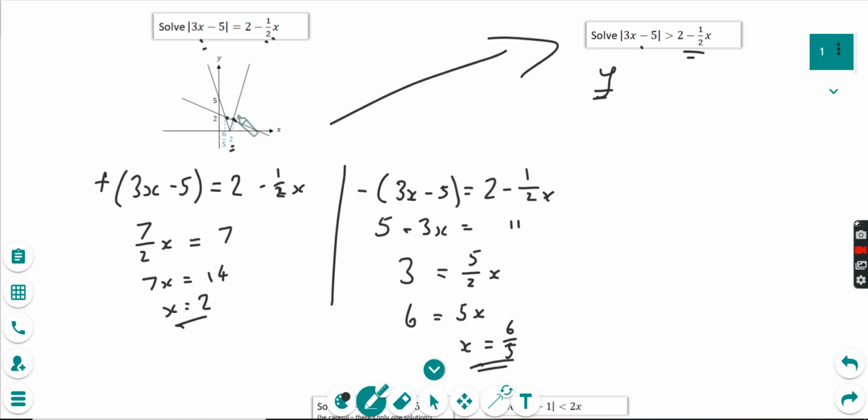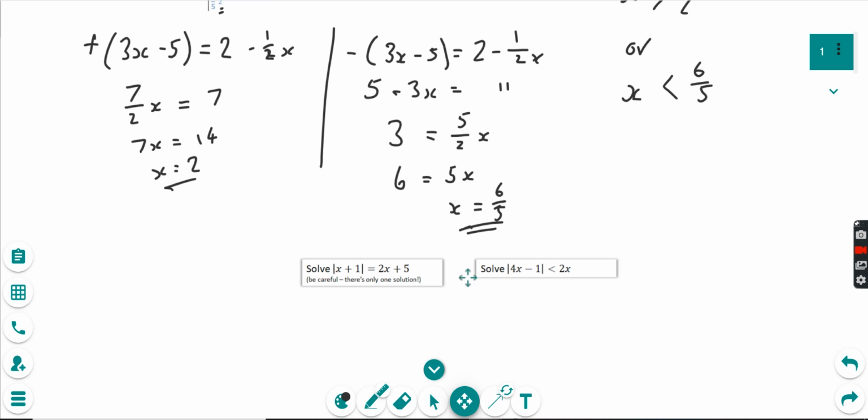So if I'm looking over here, or I'm looking over here, the modulus part seems to be greater. So we can say that this is the case when x is greater than 2, or x is less than, what was it, 6/5.